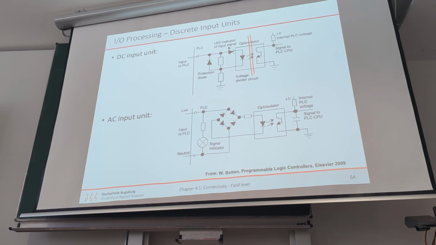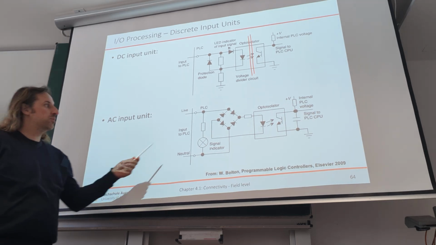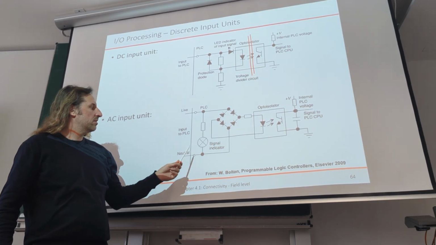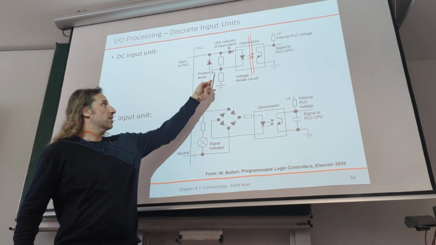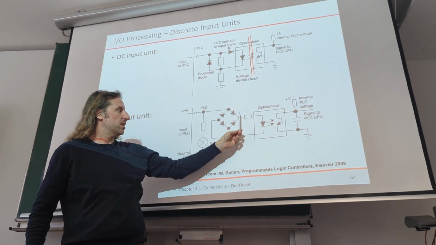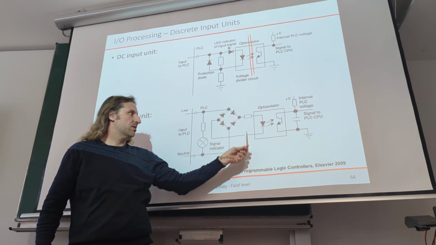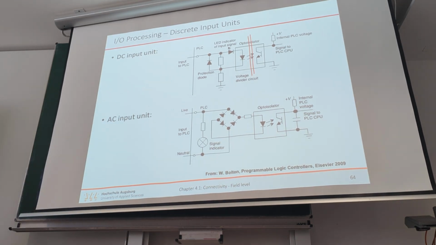In the end we just have an internal signal in the PLC, and it's isolated, and because the signal has to be rectified before we can actually look at it, there you see this input rectifier. Usually we don't have lamps anymore, so we have an LED indicator here as well, with a capacitor to keep the light on and not flickering at the AC frequencies.